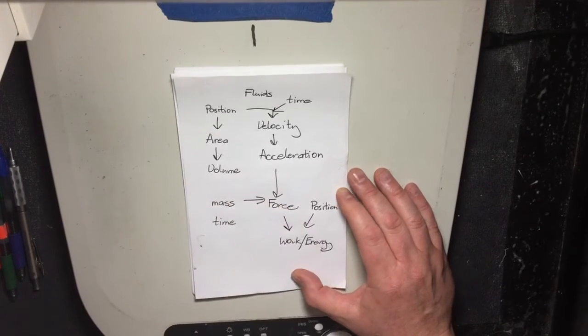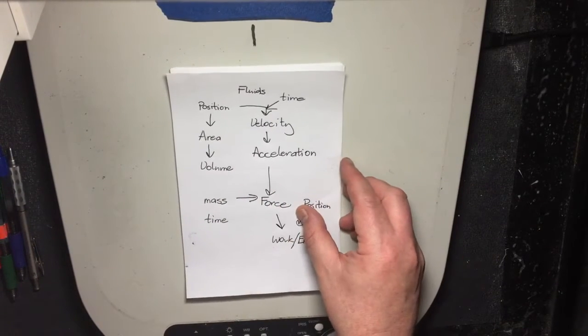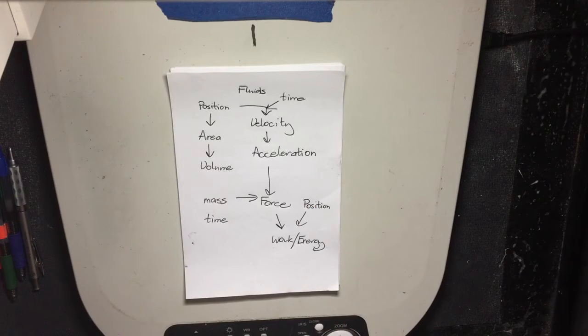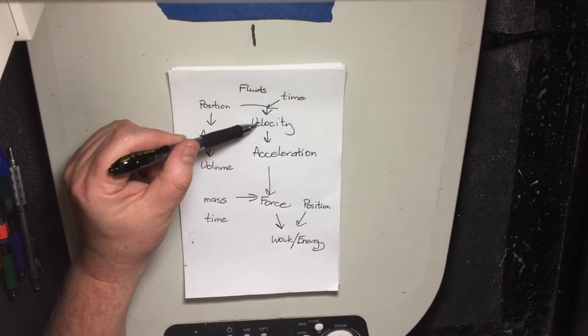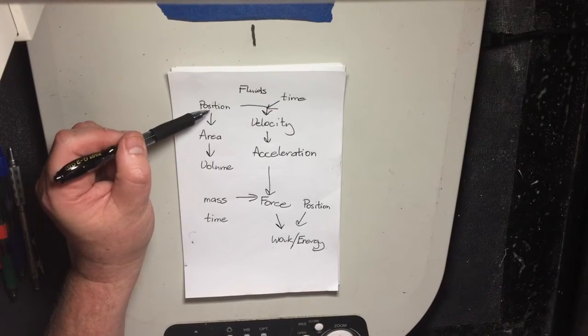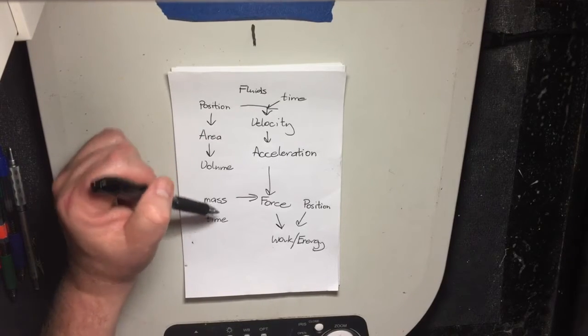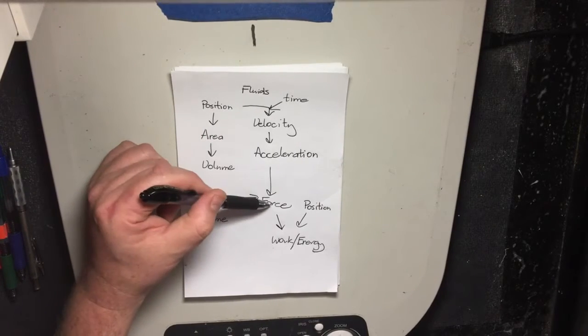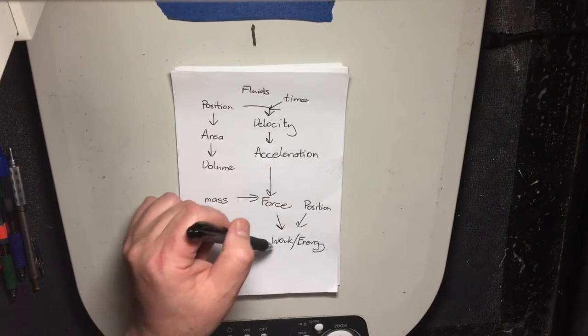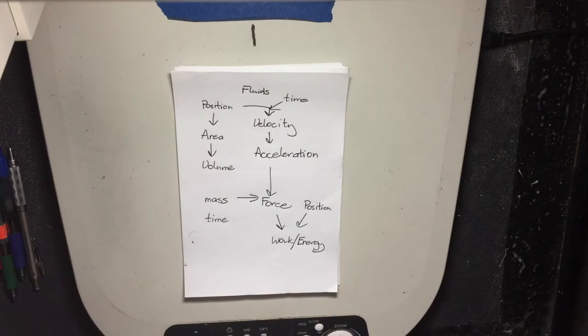And we all know the units this stuff comes from. Granted, it looks horrible, but you could think about how the words and the units all tie together. I mix position and time, I get velocity. I mix time and velocity, I get acceleration. Mass and acceleration, you get force. Force and position, you get work or energy. The stuff mixes together; it's all related.